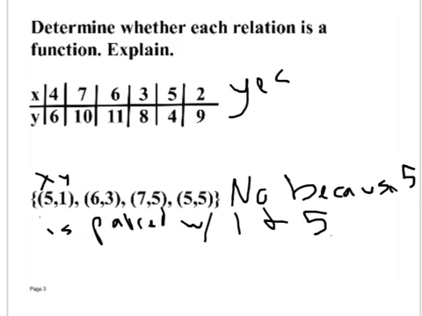Can we have that? Does it matter that our range, our 5, like our y here, is paired twice? Does that matter? No, it doesn't. Okay. Range can be paired with several of the numbers, as long as the domain is only paired with one number. And it'll make more sense here in a minute.